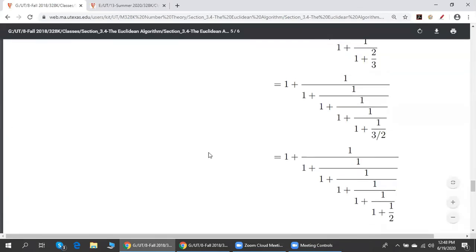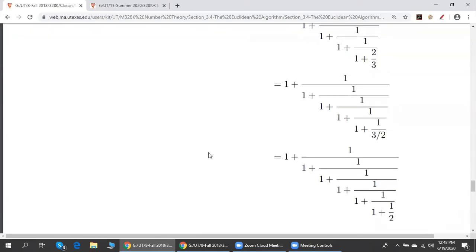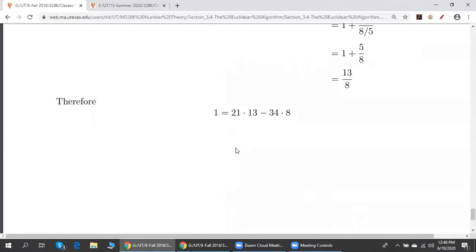Therefore, the number of steps is as big as possible. Moreover, observe that 13 and 8 are also Fibonacci numbers.